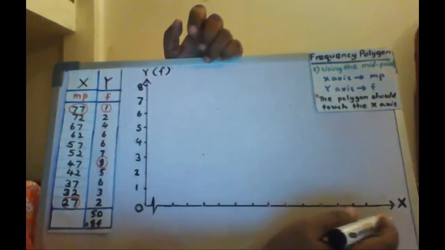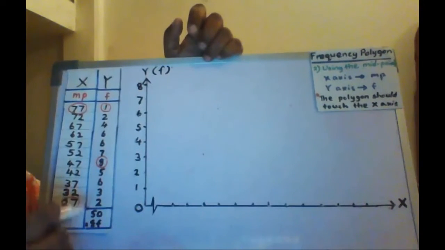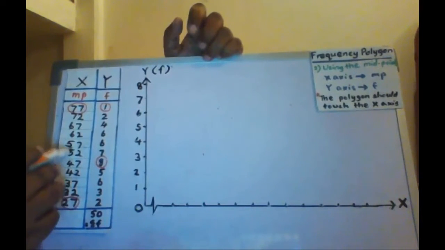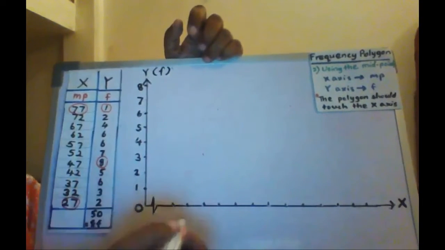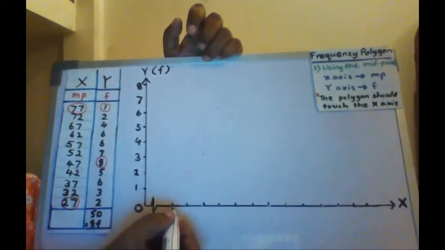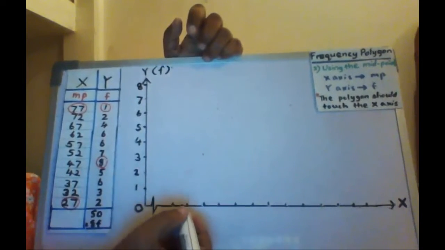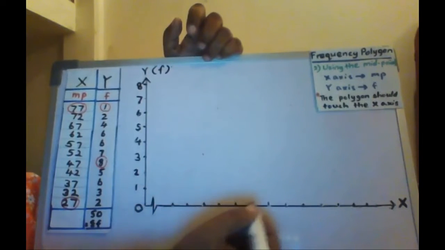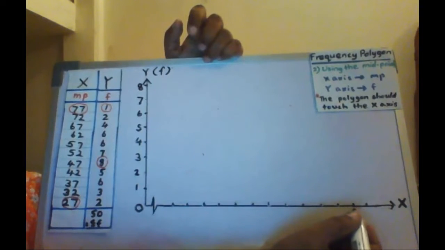When scaling the axis, I ask you to count the number of classes. Here 1, 2, 3, 4, 5, 6, 7, 8, 9, 10, 11 classes. Then when scaling this one, take this one as the extra, 1, 2, 3, 4, 5, 6, 7, 8, 9, 10, 11 extra, right?